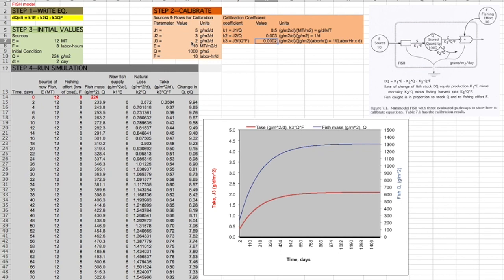Let's say that for the given effort of 10, it's 2. But if we also want to think, well, we don't have as many boats and we're still going to catch as many fish, that's also an increase in efficiency. So instead of having 10 labor hours, let's say that we only needed 8.